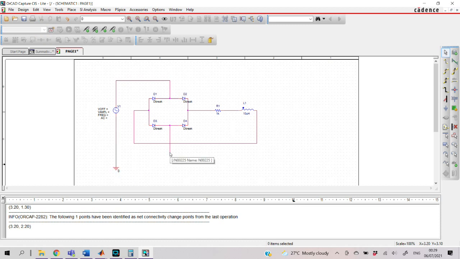And let's try to connect this end. Let's try to delete this one. Let's make sure that we connect our wires properly to avoid any errors in terms of simulating the circuit.